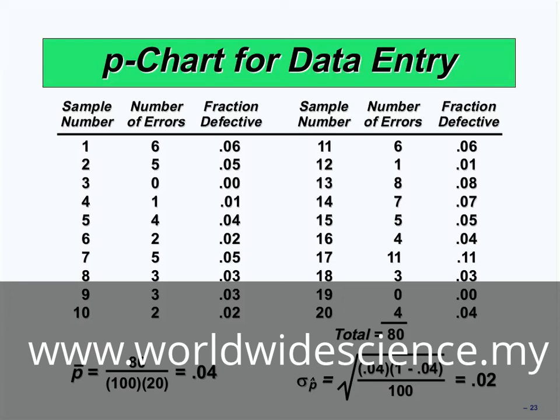In sample number 1, or hour 1, the number of defective was 6, divided by 100 gives you 0.06. That gives you the fraction defective.